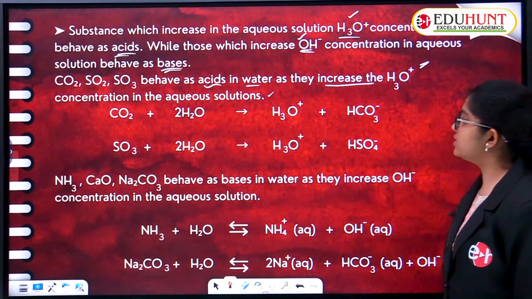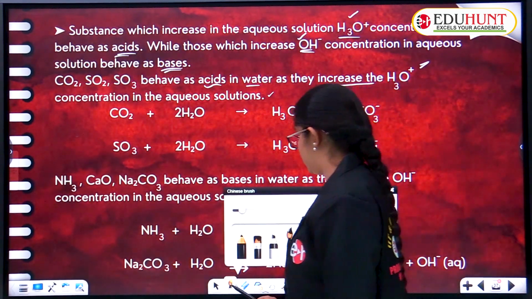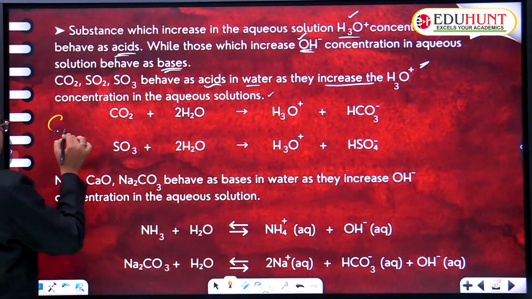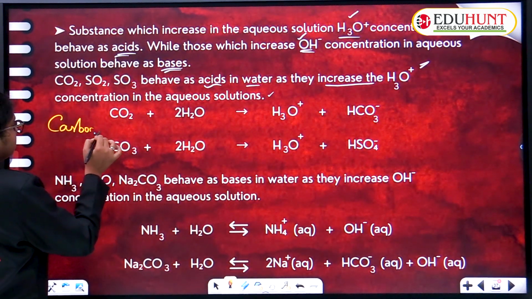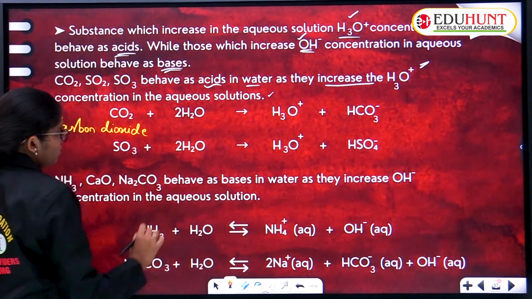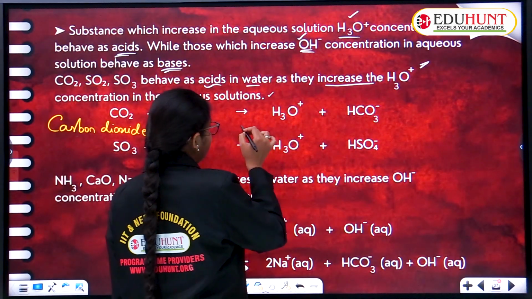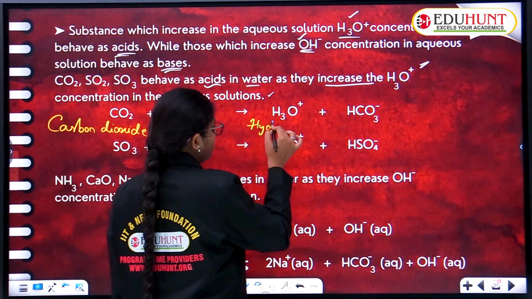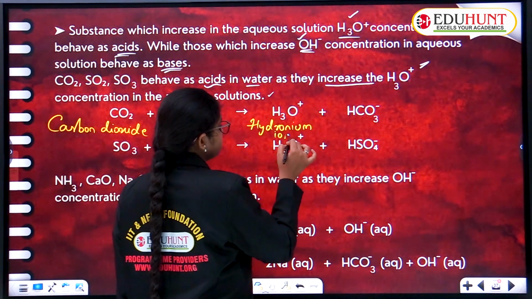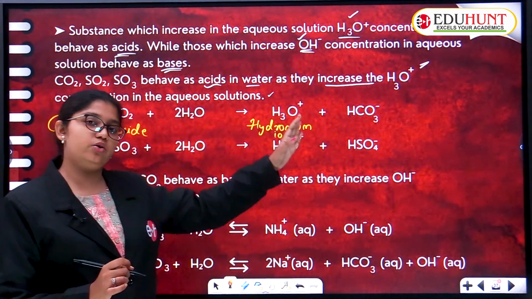So what is CO2 over there? I'll write the name. CO2 means carbon dioxide. Carbon dioxide upon reacting with two molecules of water gives rise to hydronium ion. And for this carbon dioxide we get which ion, you know?